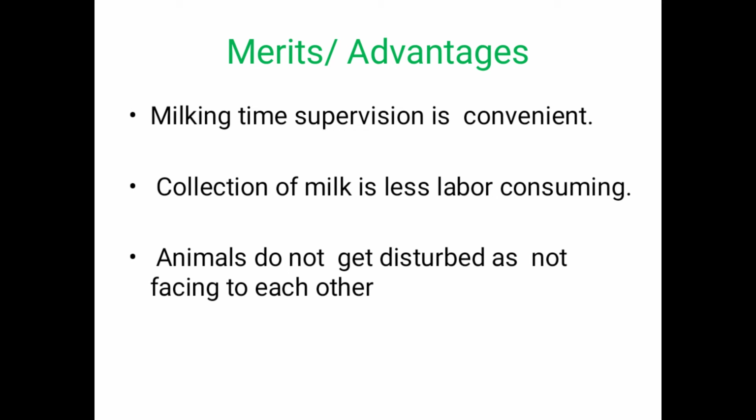They need not move. As is the case in the head to head system, they need to move from one row to another row, their backside. The backside of the animals are facing out in the head to head system. So it was labor consuming. Here the case is opposite.